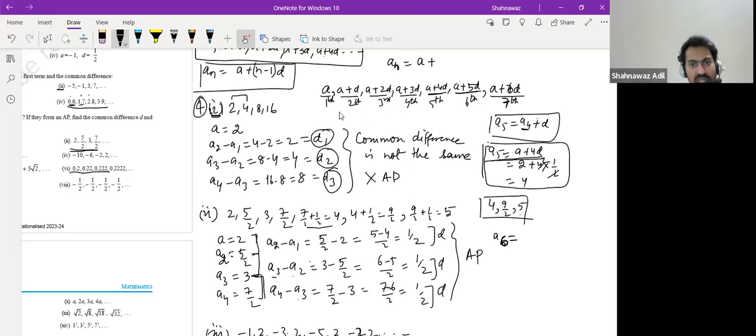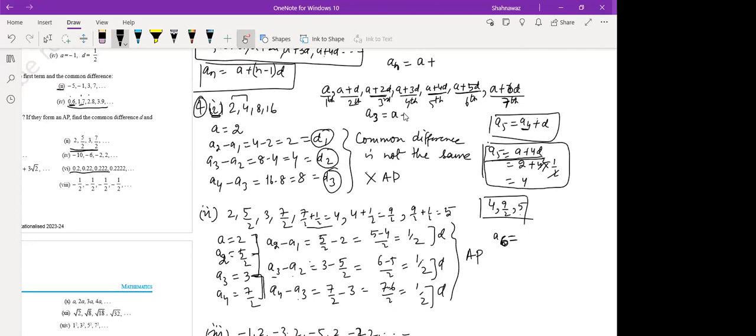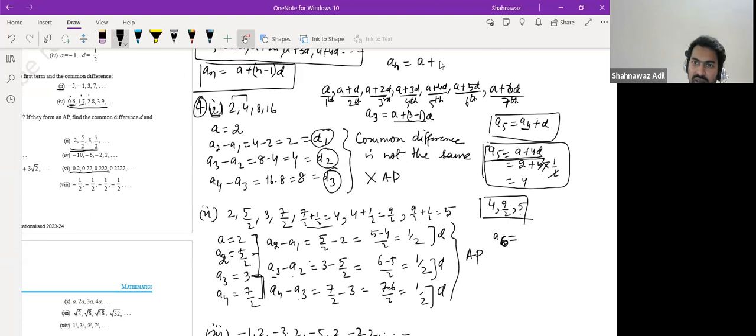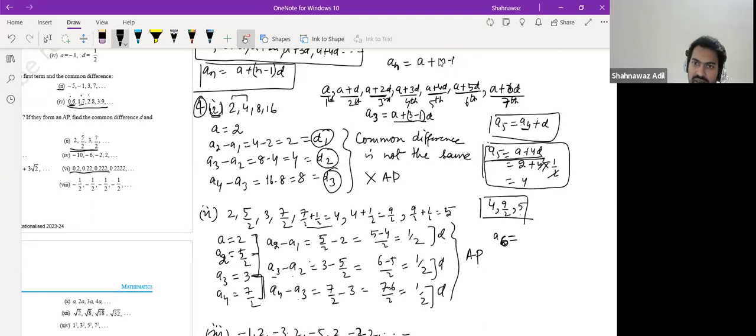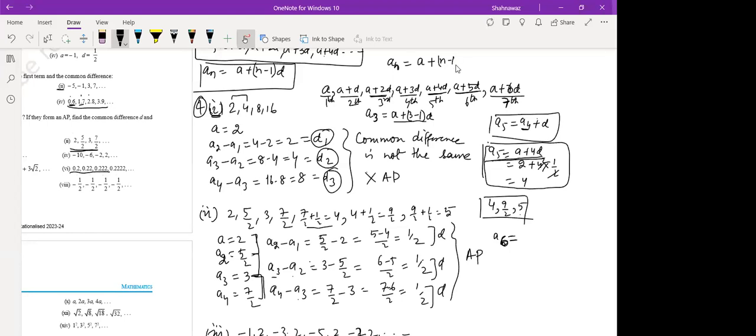Let me repeat the question. If you have the third term, A3, this is A plus 3 minus 1 into D, so A plus 2D. So for the nth term it will become A plus (n minus 1) into D, in brackets.